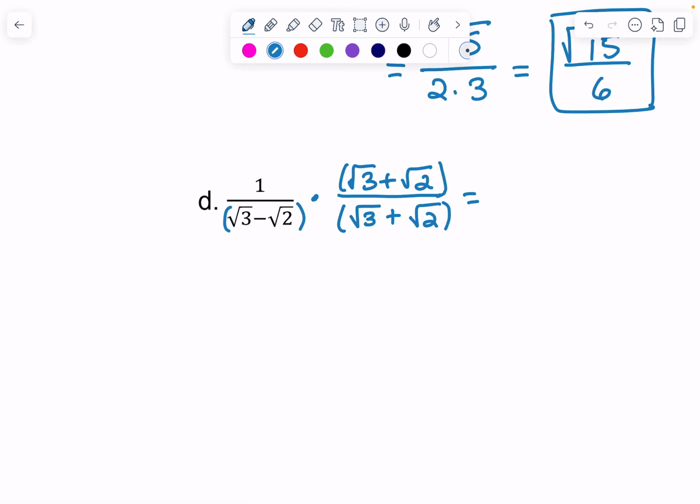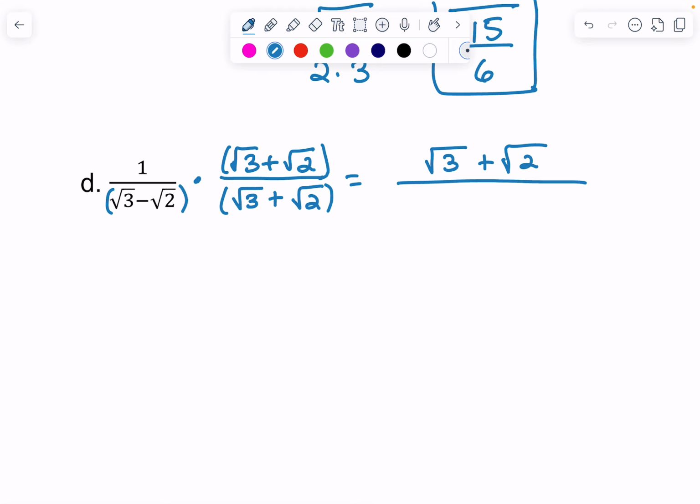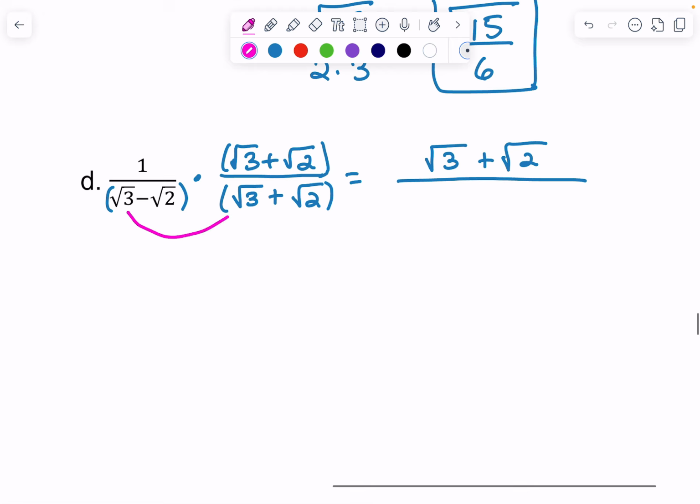So remember, I just flipped those signs, multiply by that. The beauty of this is what happens if I use FOIL now. On the top I can just distribute. So I'm going to get 1 times the square root of 3, which gives me the square root of 3, plus 1 times the square root of 2, which gives me a square root of 2. In the denominator, I need to FOIL. First, that's going to give me the square root of 3 squared. That's going to be a 3, all right?